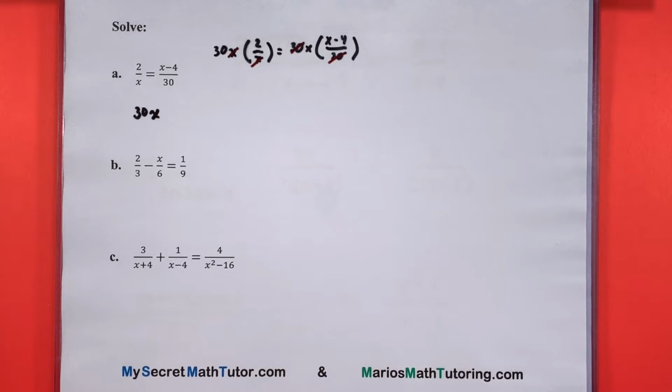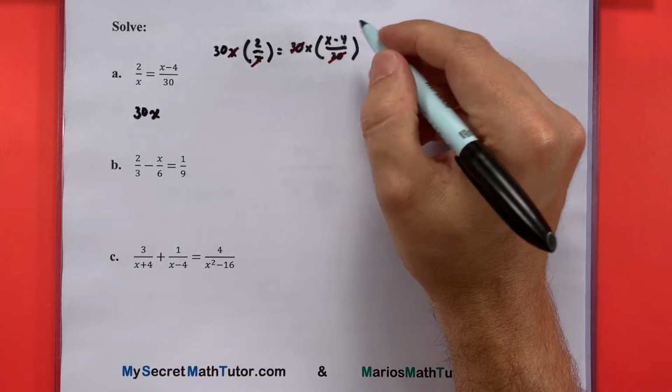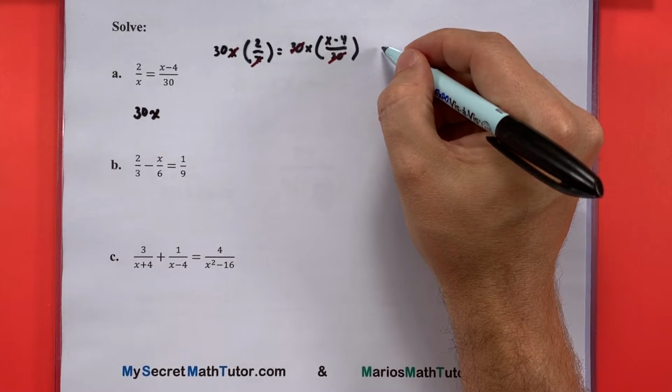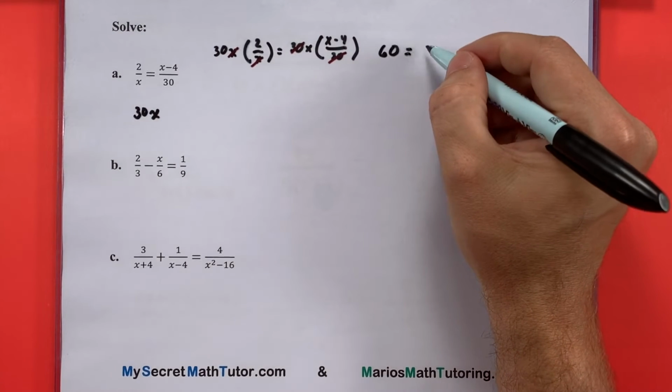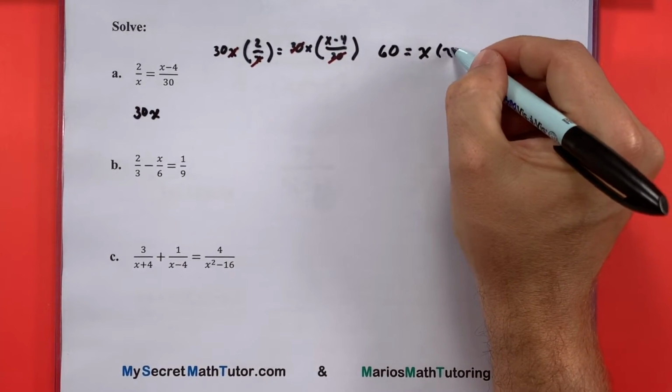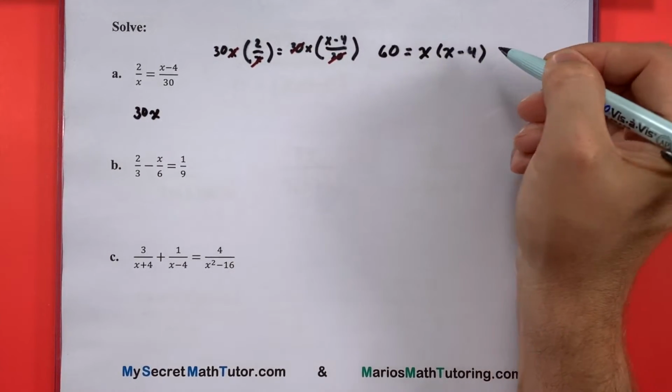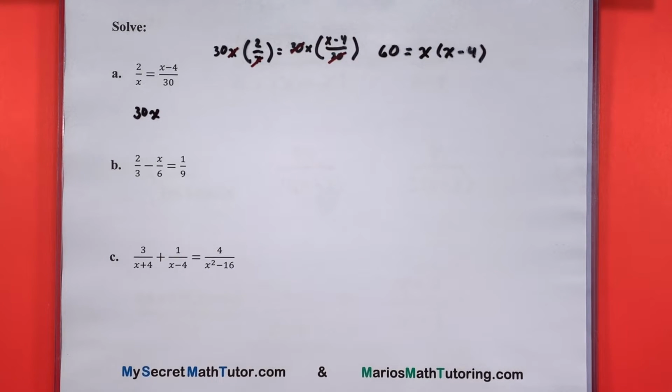So the equation I'm left with in the end is 30 times 2, which is the same as 60. Over here on the right side, I have an x and an x minus 4. So a much simpler problem than what I started with. Now it's a nice problem with no fractions, and I can move to solve for x.